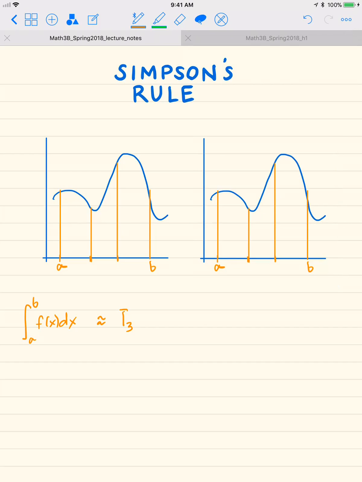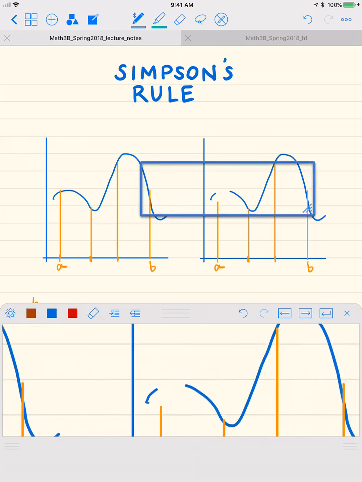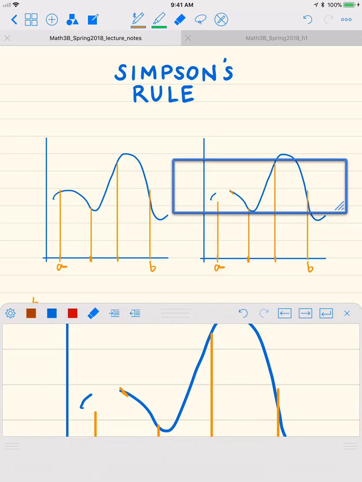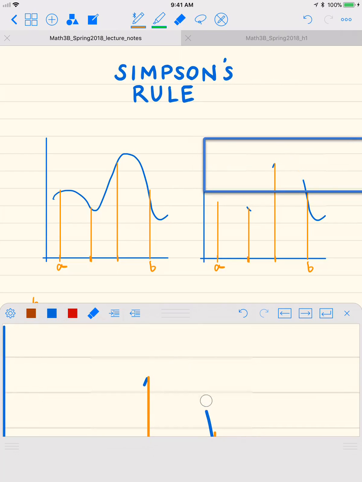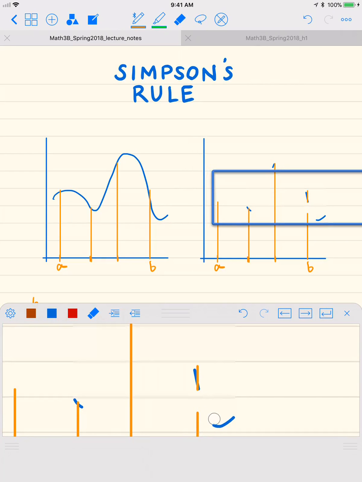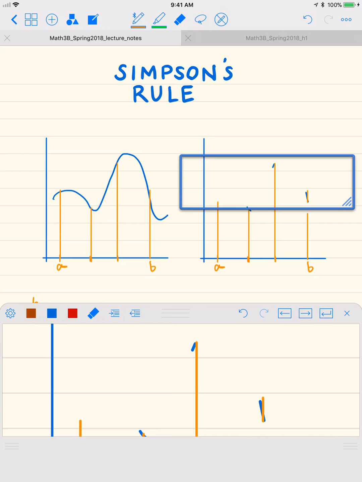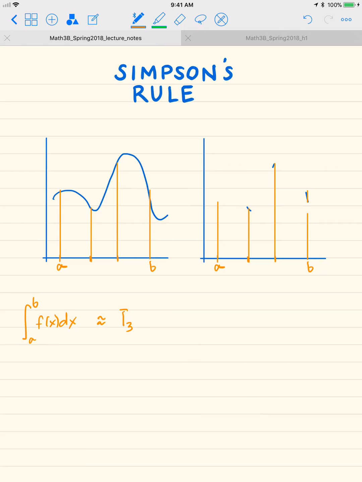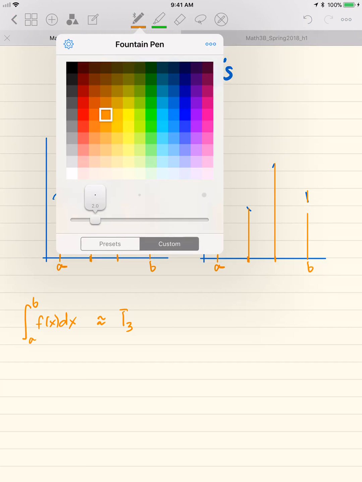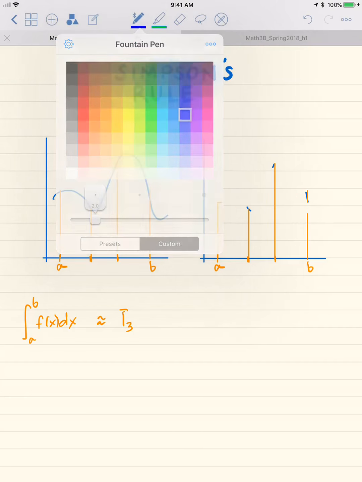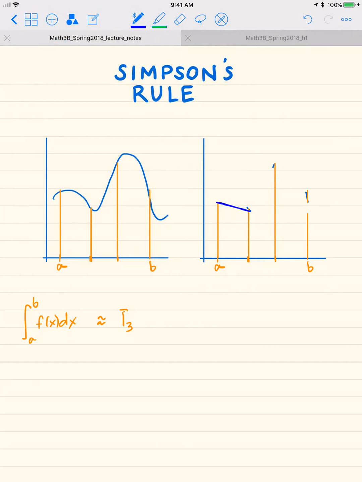So let me zoom in here. If we erase, we can see what we're doing. Let me use blue. Let's pretend our function looks like this.